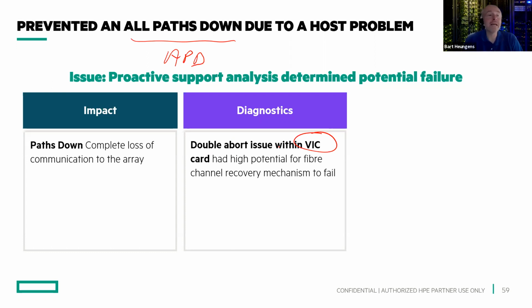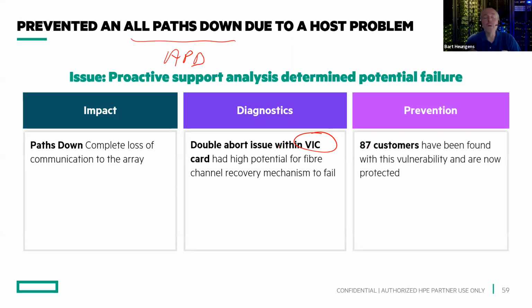They're a networking company for network switches, but at one moment in time they had issues with the firmware in that VIC card, causing all paths down alerts because the port disconnected, it came online again, but the software behind it was not able to activate that path again.